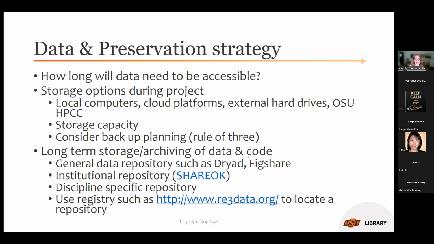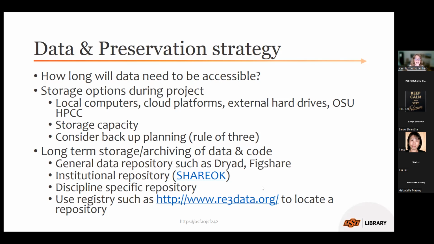Long-term storage and archiving, we talked about that at quite a bit of length yesterday. Generalist repositories such as Dryad and Figshare, institutional repository, ShareOK, I mentioned, is not a data repository as such. They are beginning to accept fairly small data sets. It needs to be well organized. You need to approach them first. My own recommendation is that you save your data elsewhere, in a repository that has a persistent identifier, such as a DOI.